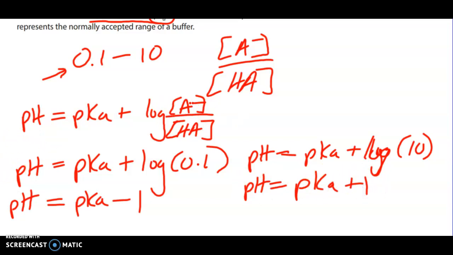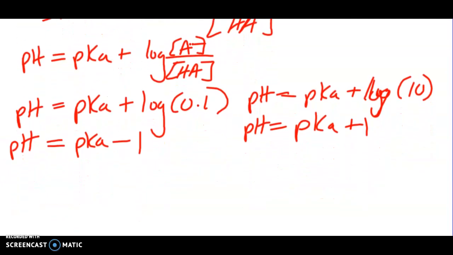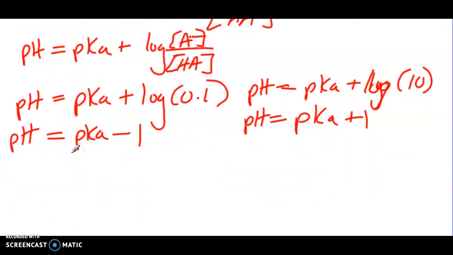So that actually gives us the range of our buffer. The pH range where we have that effective resistance would be from pKa minus 1 to pKa plus 1. Let me give you an example here.